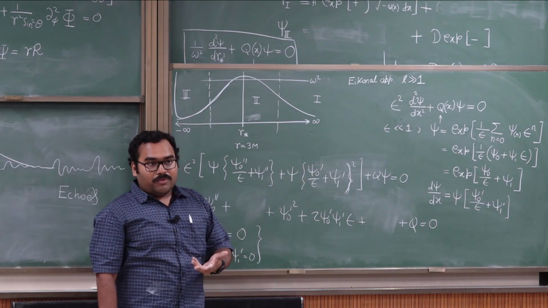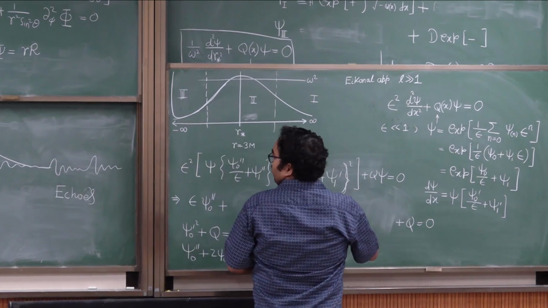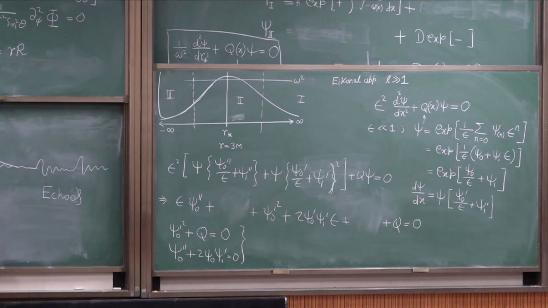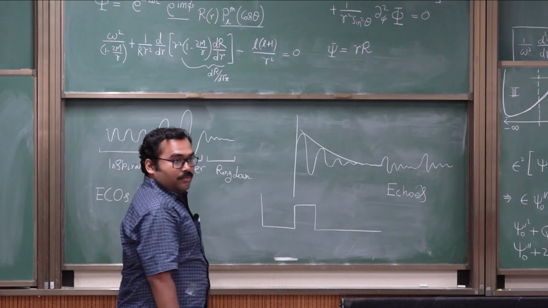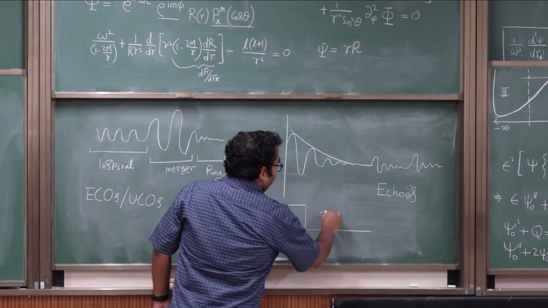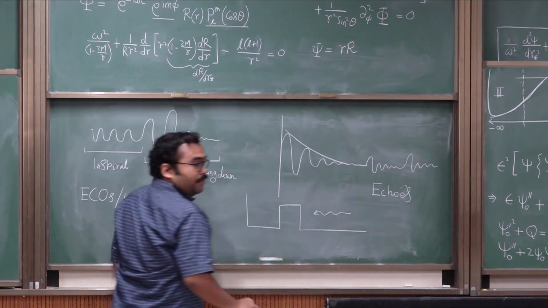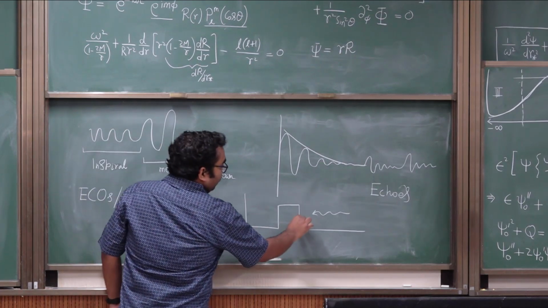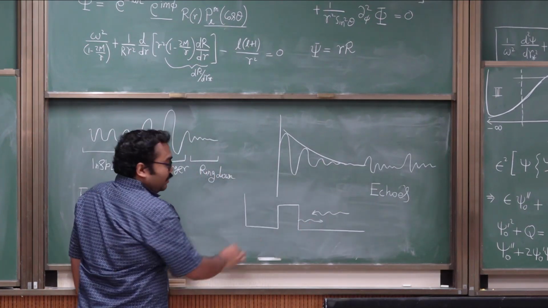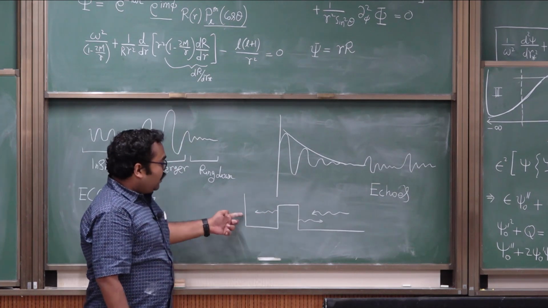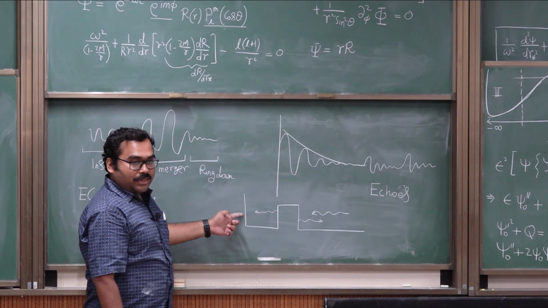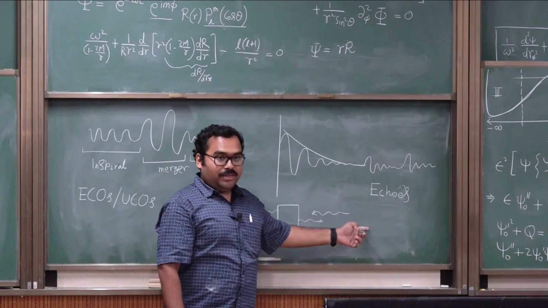Just think of it as a quantum mechanical problem. So you have, say, this kind of a potential barrier. You have a plane wave which is coming in from infinity. A part is going to get reflected, a part will get transmitted. The part which is transmitted will again get reflected from here, and that will also appear at infinity.